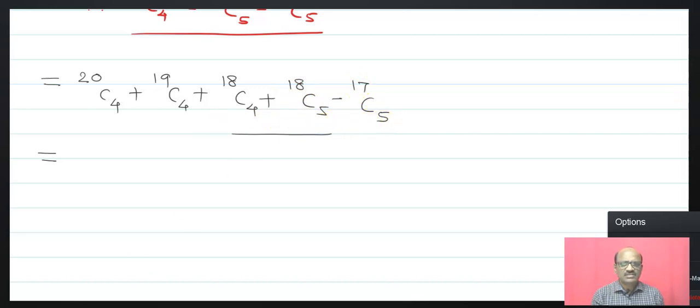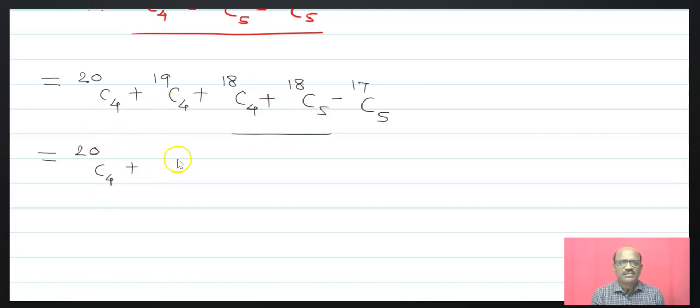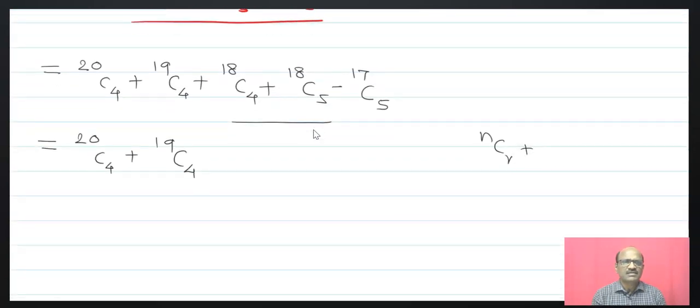Now see these two terms, 18C4 plus 18C5. Again there is the same formula, nCr plus nC(r-1) is nothing but (n+1)Cr.